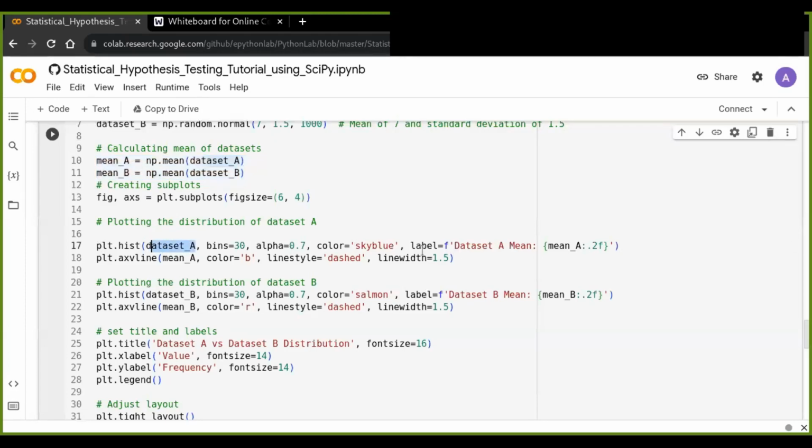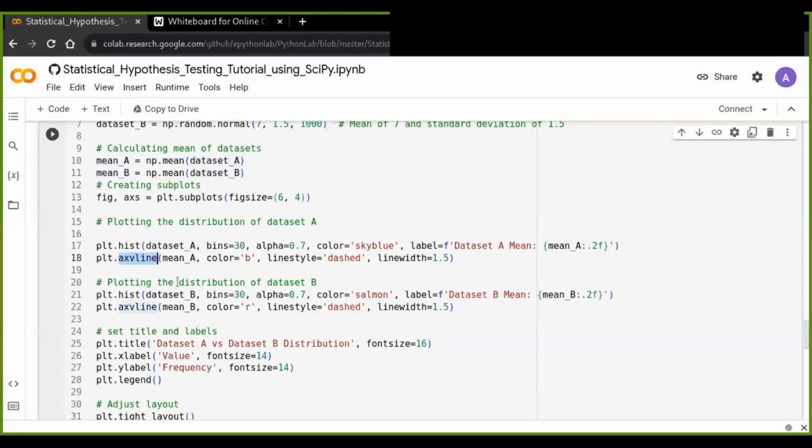And then the line which shows the central tendency of the dataset is also plotted with axvline, a vertical line. That vertical line is a dashed line that shows us the center of your dataset.